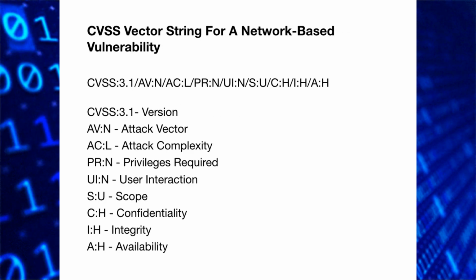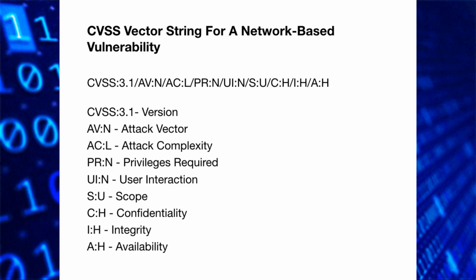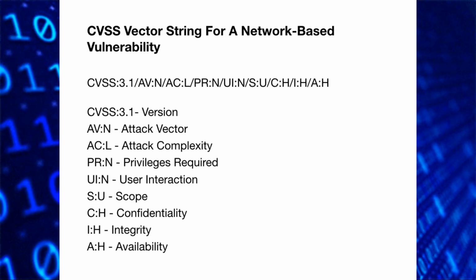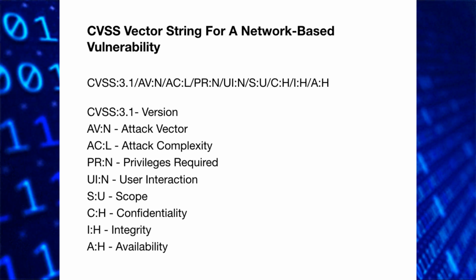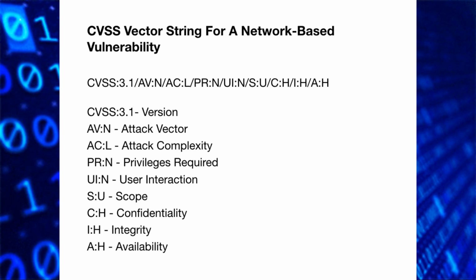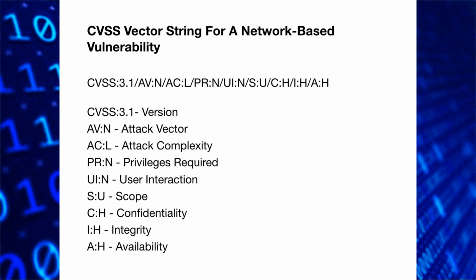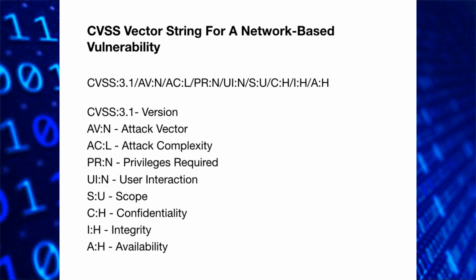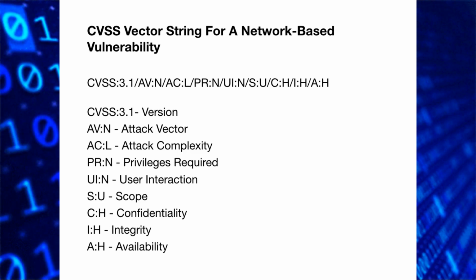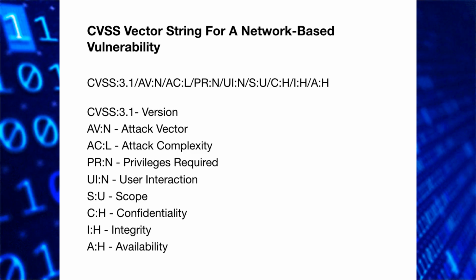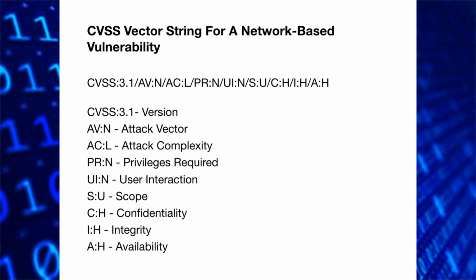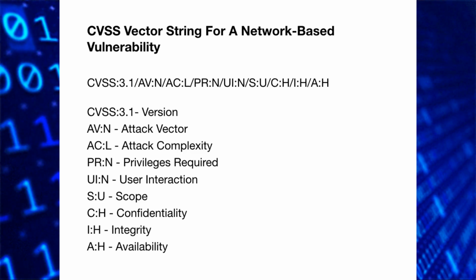Here is an example of a CVSS vector string for a network-based vulnerability. Let's break it down into sections. CVSS:3.1 specifies the CVSS version, in this case, version 3.1. AV, attack vector. The vulnerability is exploitable remotely over the network. AC, attack complexity.